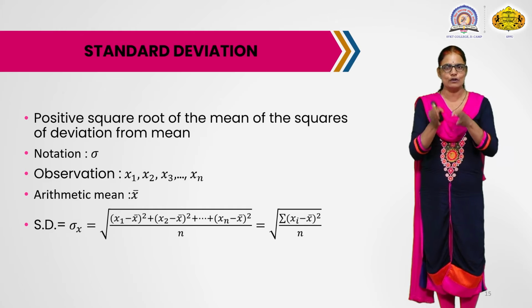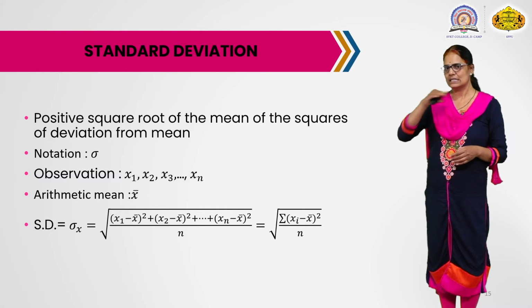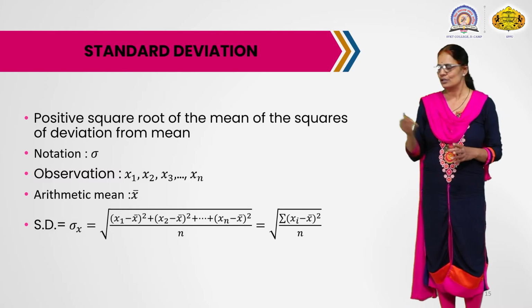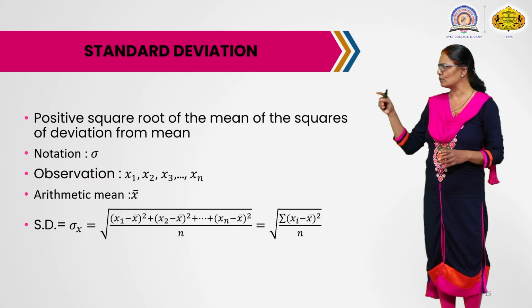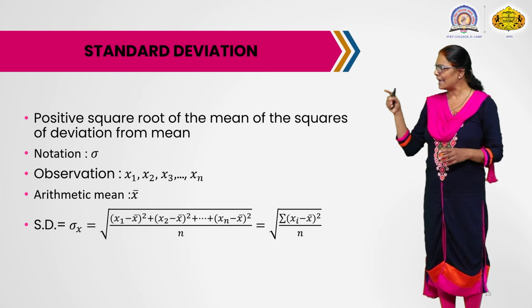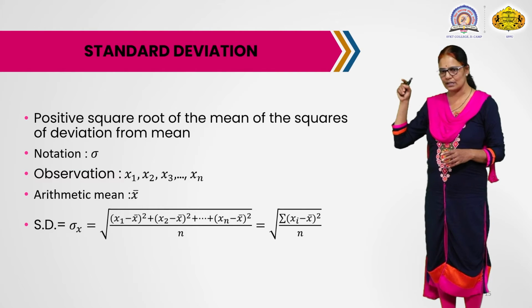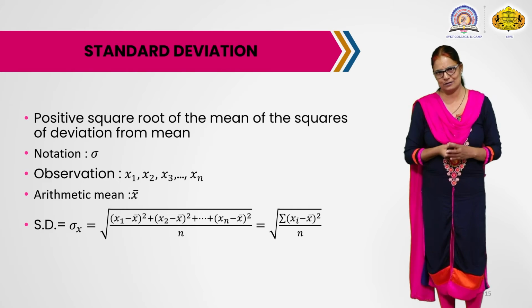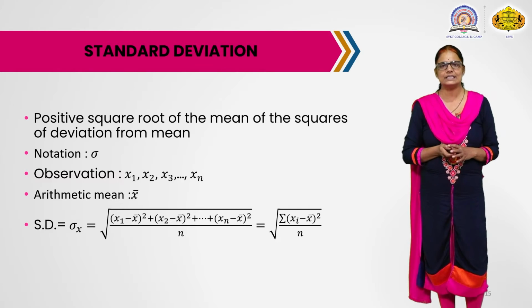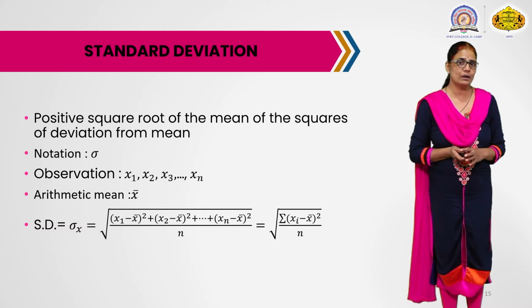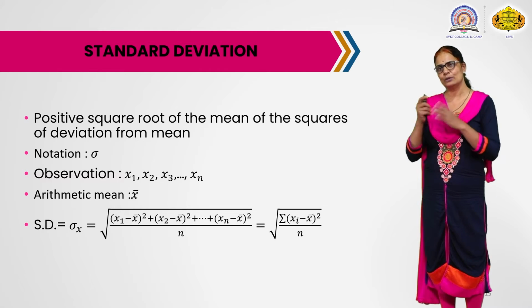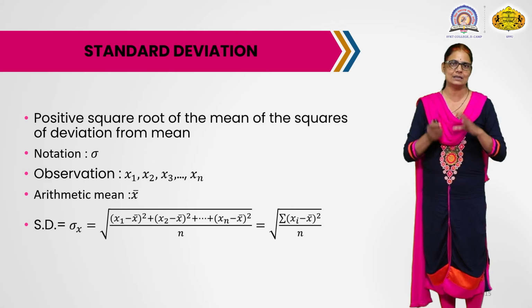In short, since we have to consider the sum of these n squares, the formula can be written as the positive square root of the summation of (x minus x bar) whole square upon n. Instead of xi, you can just write x also. So remember, this is the formula for the standard deviation if the observations are x1 to xn and the arithmetic mean is x bar.